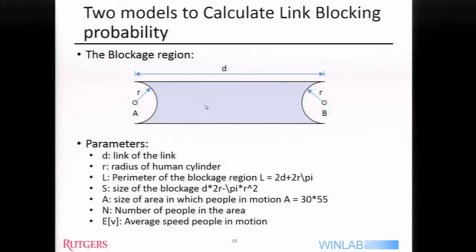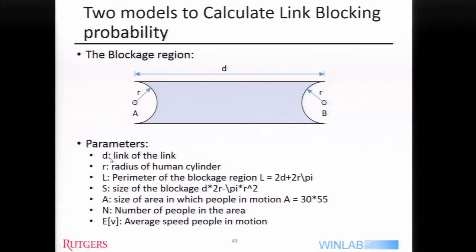So that gray area is all the places where the center of mass, the center of a human cylinder, if it's located in that gray area, causes a blockage for transmitter A and receiver B. There are several parameters of this blockage region.